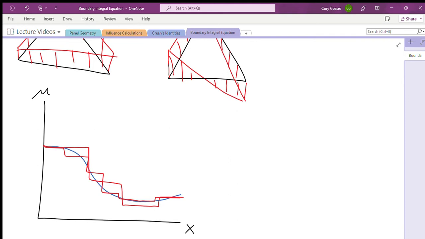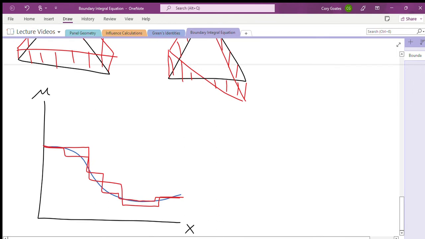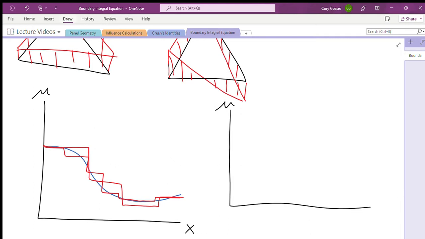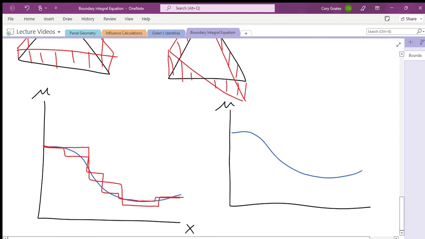Now, you don't want to arbitrarily increase the number of panels, because the more panels you have, the longer it's going to take to solve this. And so rather than upping the number of panels, instead maybe we want to just up the order of our distributions. So let's say we've got mu again, and our exact solution for mu does something like that.